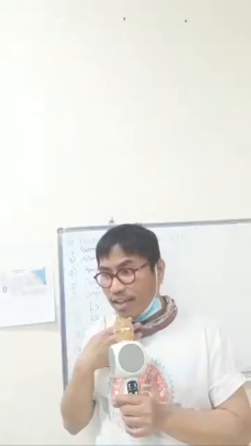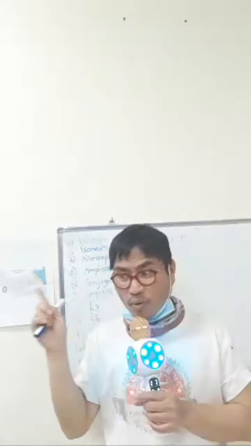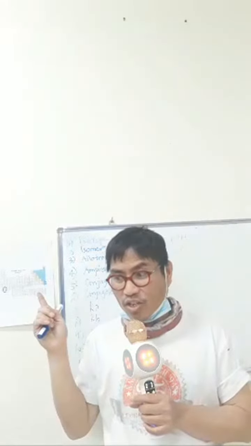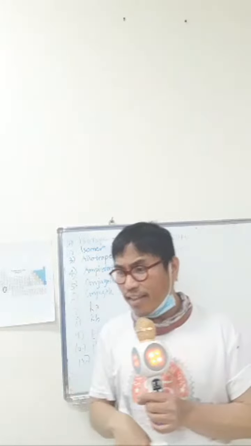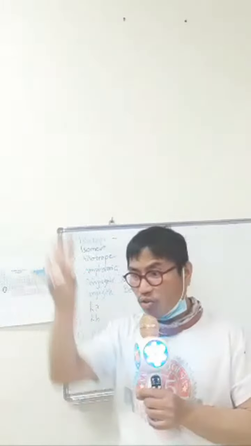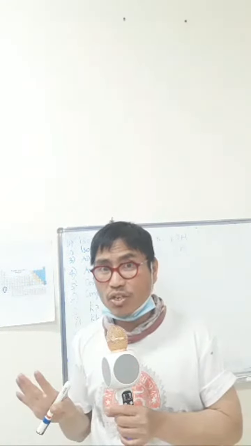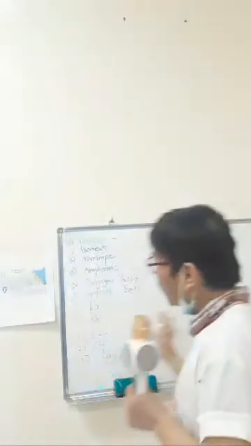Again, C6H12O6, but it can never be sucrose. Sucrose is a disaccharide sugar. You have to be extra careful about the category of sugars in studying organic chemistry. But here we are referring to organic chemistry.